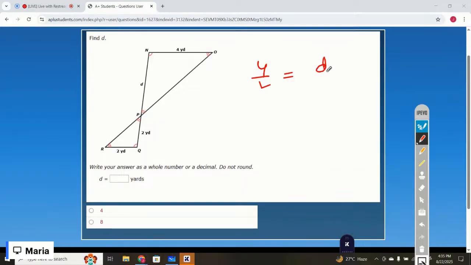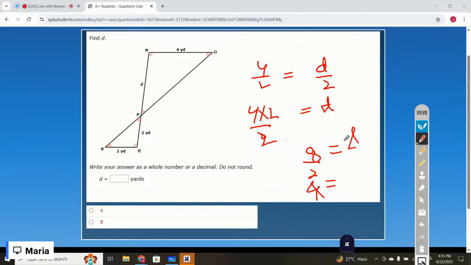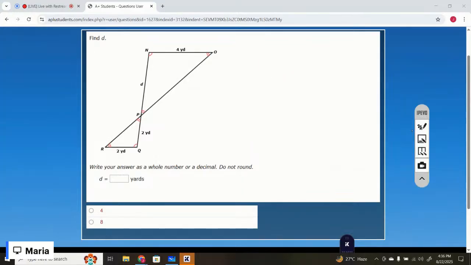D equals 4 times 2, that is 8. 8 over 2 is 4. Option number 1 is the correct option. 4 it is.